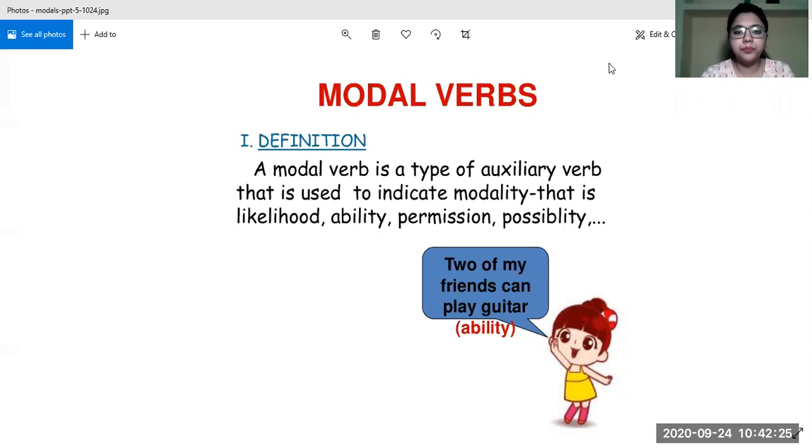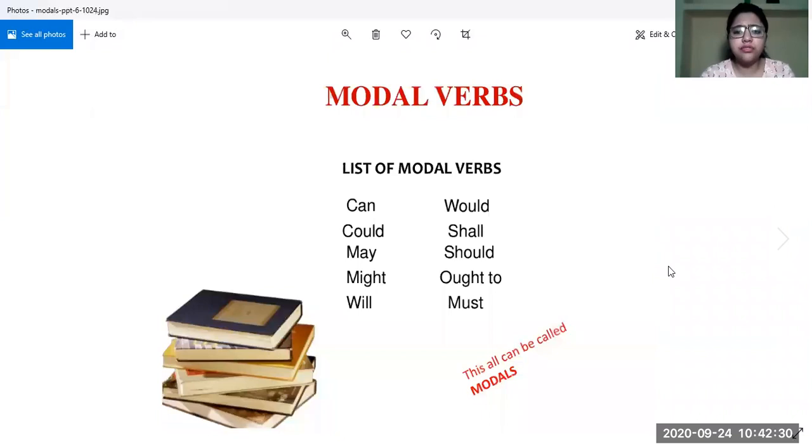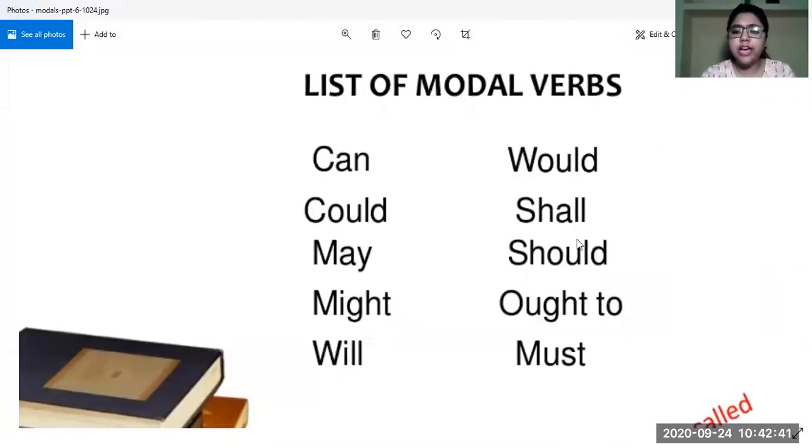So moving on. These are the list of few modal verbs which we are going to do today. Can, could, may, might, will, would, then shall, should, ought to, must. As you can see, some of the modal auxiliaries have their past form also. For example, can in past tense is written as could. Similarly, may is written as might, and will is written as what?